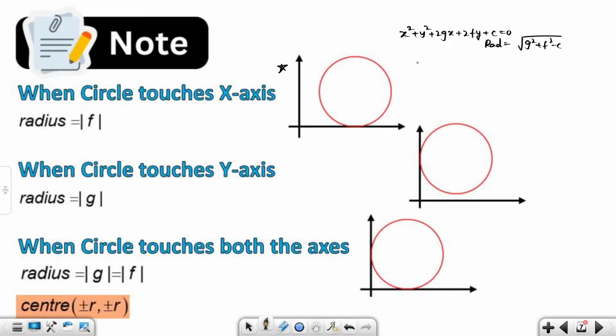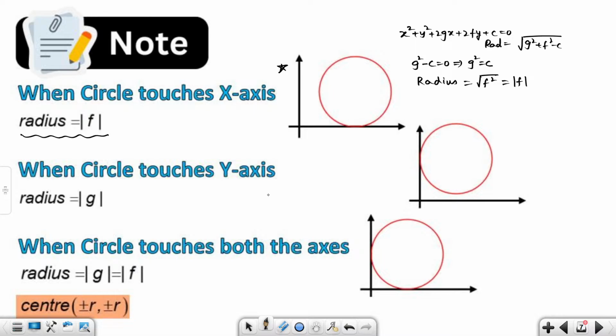It means g square minus c is equal to 0, which implies g square is equal to c. So what will be its radius? Radius is root over g square plus f square minus c. So g square minus c is 0, so it becomes root over f square. And that gives us nothing but mod of f. Is it clear? So for the circle which is touching the x-axis, your radius is modulus of f.